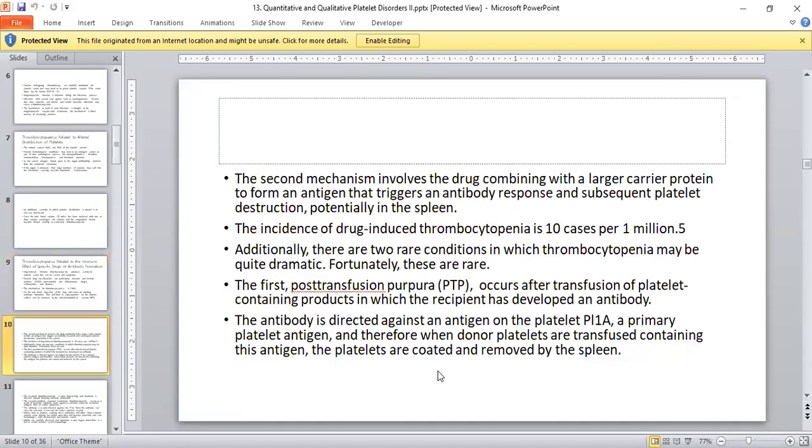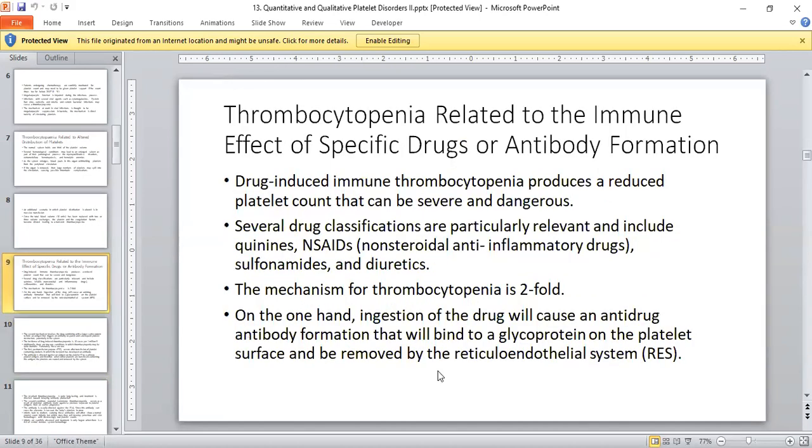The second mechanism is where the drug can combine with a larger carrier protein to form an antigen. The antigen triggers an antibody response and subsequent platelet destruction in the spleen. So these are drugs that can cause thrombocytopenia: NSAIDs, quinines, sulfonamides, and some diuretics.